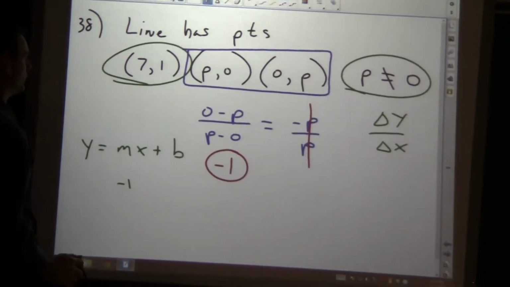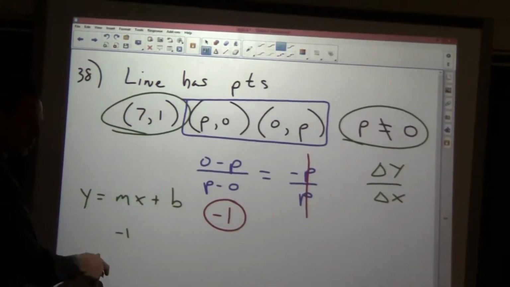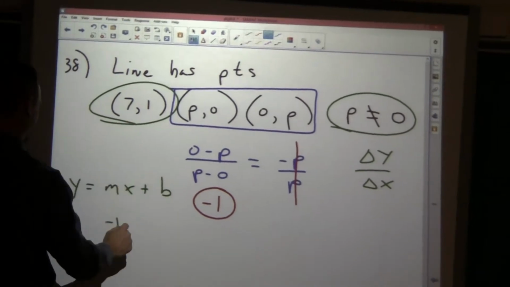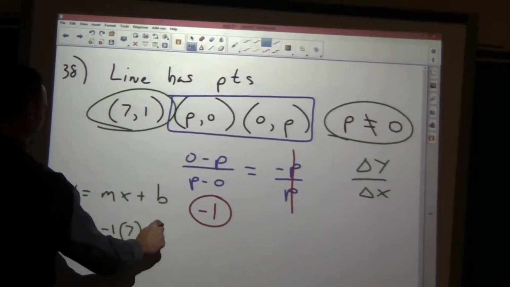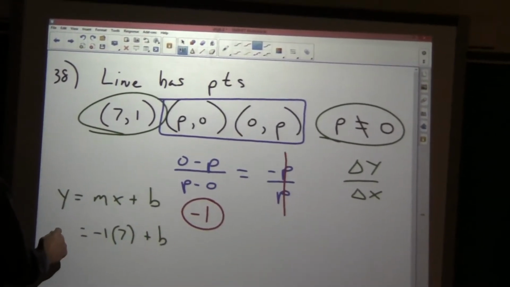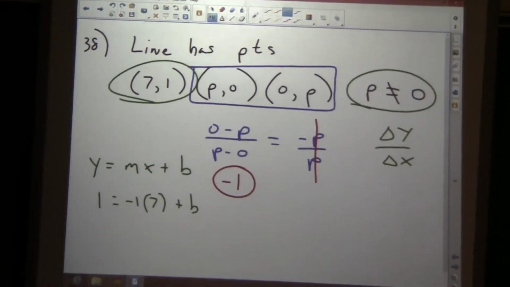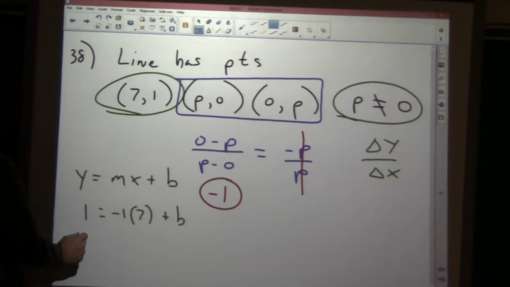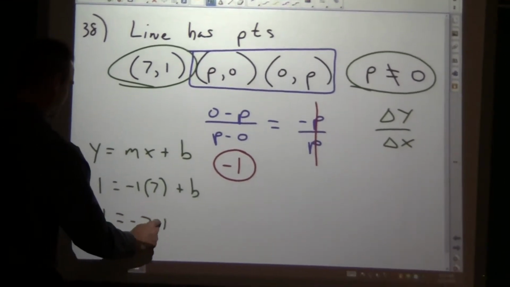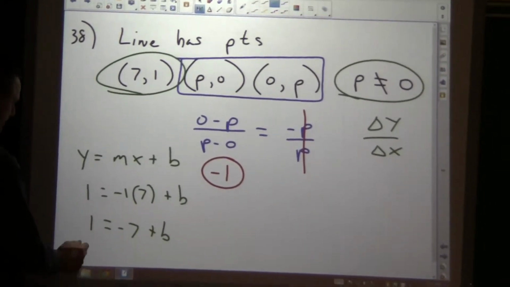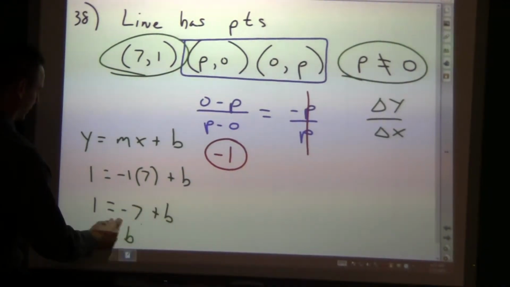I don't have a variable. I don't want to plug in another variable for x. So I'm going to plug in 7. I'm going to find the y-intercept by using that point and the slope that I've already found. 1 equals -7 plus b. Add 7 on both sides, you get 8 equals b.